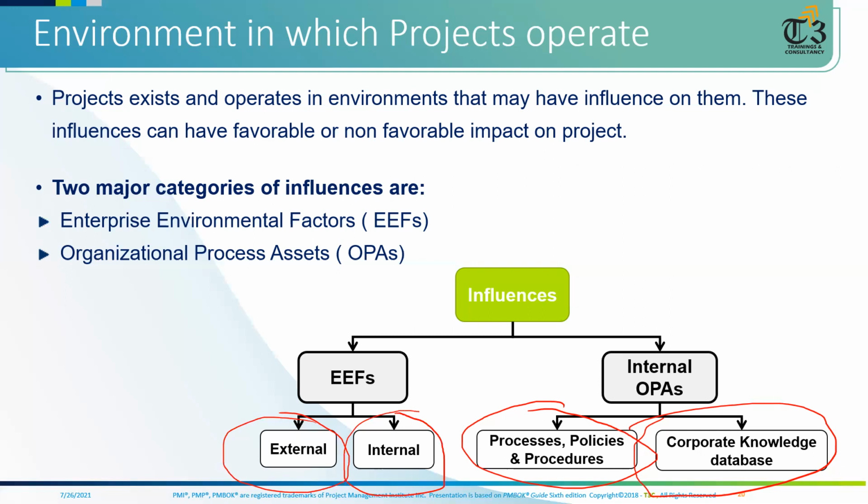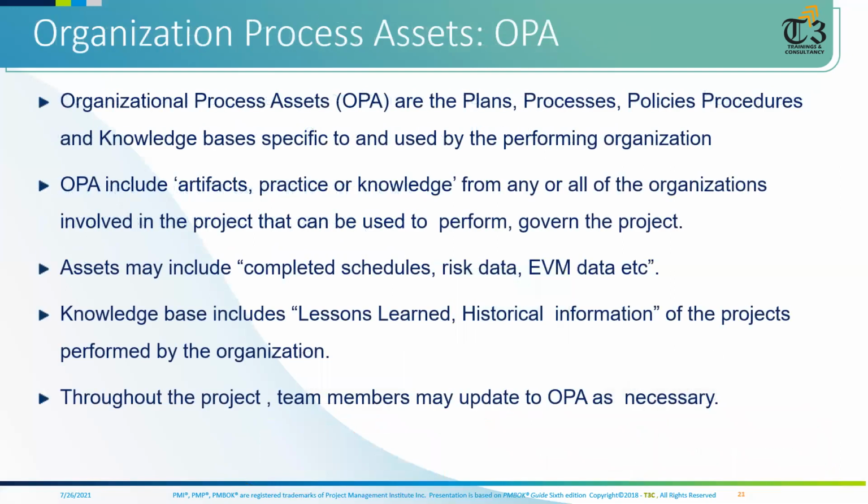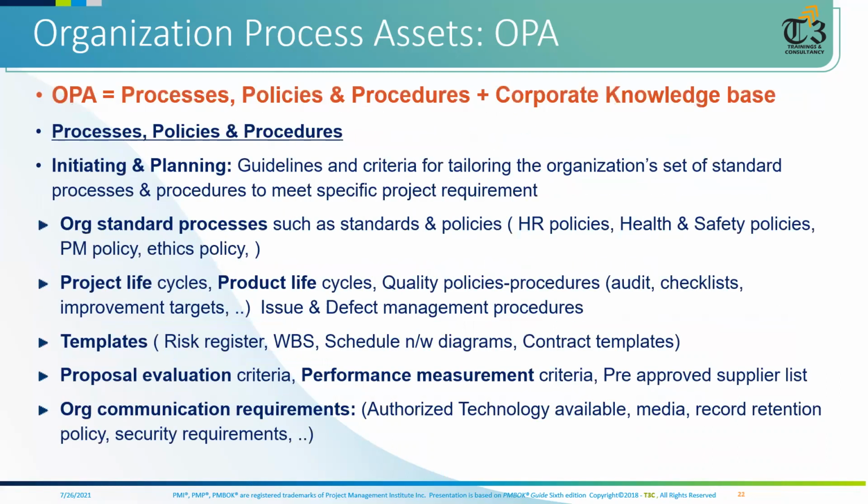Let's go further into details on what they are, one by one. So OPAs contain, as I said, policies and procedures for the functions inside an organization. They may include schedule data, risk data, earned value management data for past projects, and lessons learned from past projects, and from time to time organizations keep updating them based on updates in the organization values.